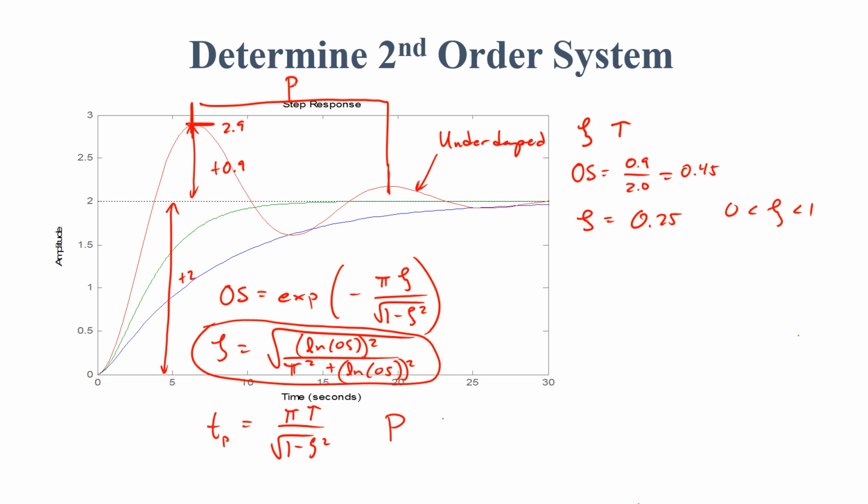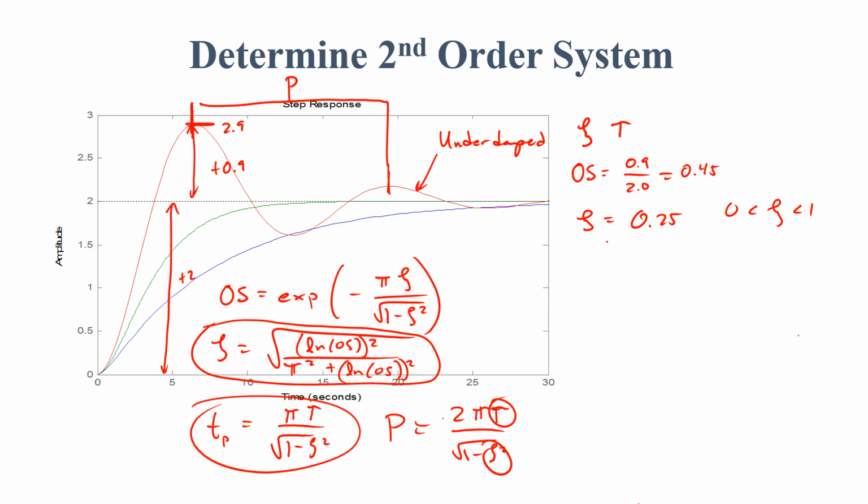That equals 2 pi tau over the square root of 1 minus zeta squared, just twice what that one was. We can use either one, and we're just going to solve for tau.